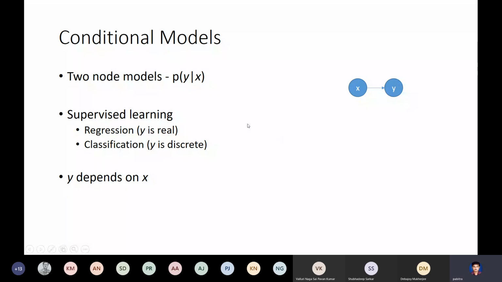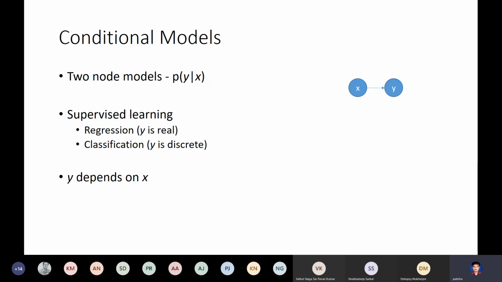As you can recognize, this is kind of the supervised learning setting. In the previous examples, I have observations about both Y and X, whereas in the new examples, I have observations about only X. If Y is real, we would call it a regression problem, and if Y is discrete, we would call it a classification problem.